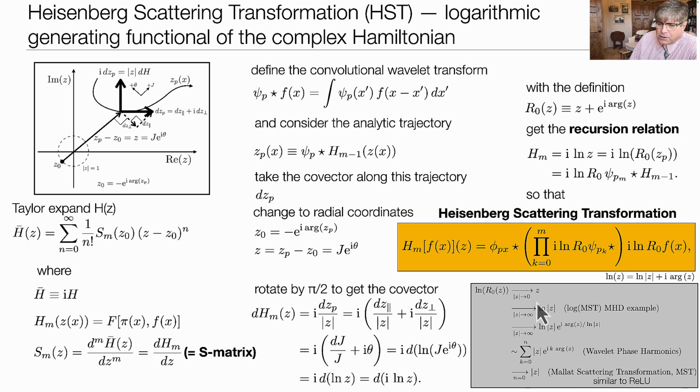As the modulus goes to 0, this goes to the identity map by the construction of using R naught. As the modulus goes to infinity, it goes to log modulus, which is really the log of Stephane Mallat's original scattering transformation, and I will show you the approximate implementation of this at the end of the talk.